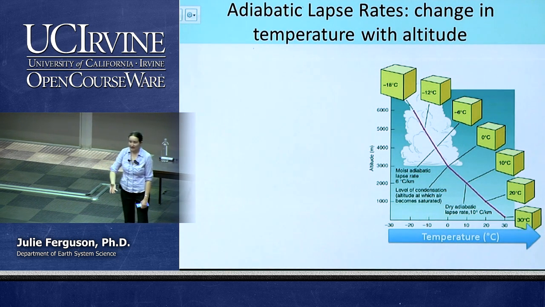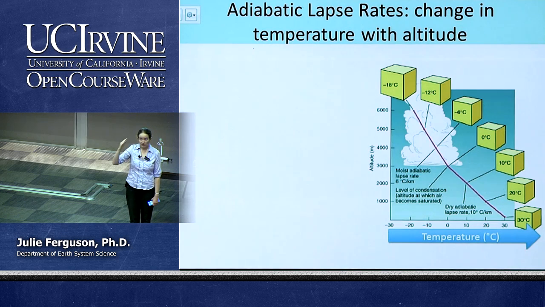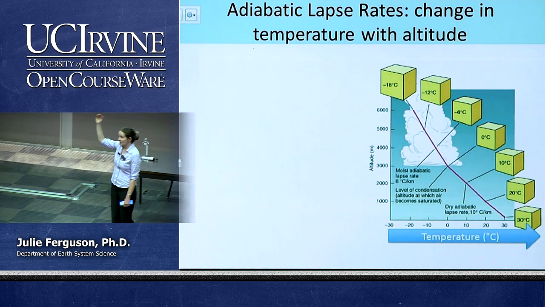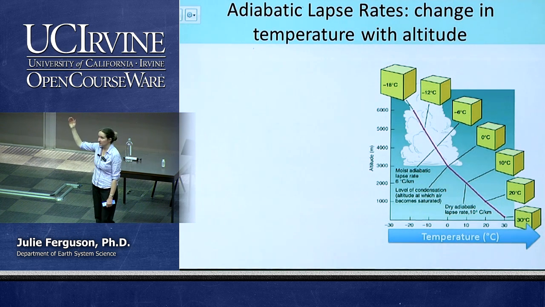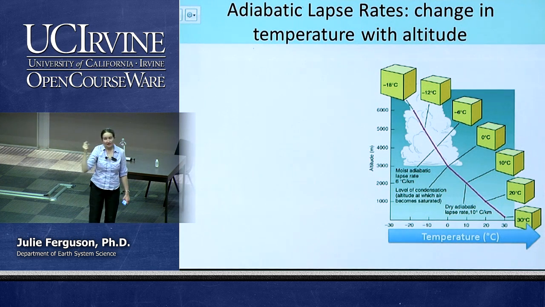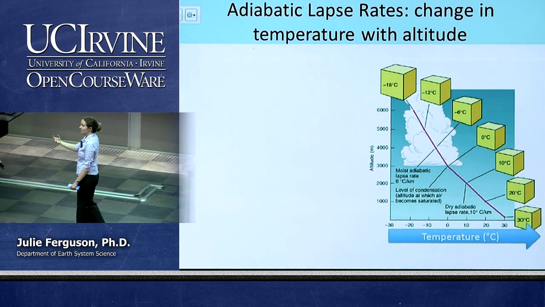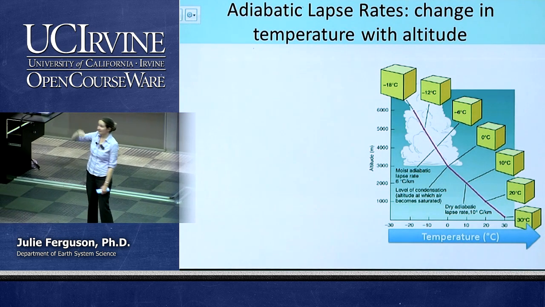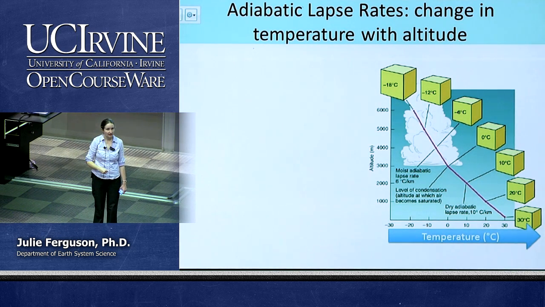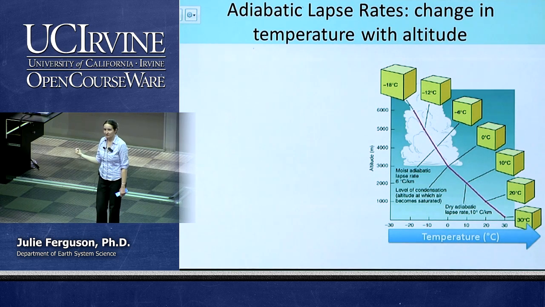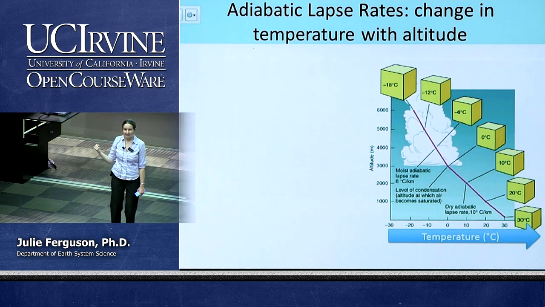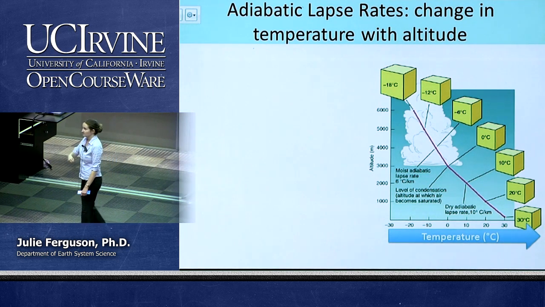First of all, we have that air continuing to rise, and so it wants to continue cooling down at 10 degrees Celsius each kilometer. But we have this second process now, this release of energy by that condensation, and that's adding energy back in. Okay? And so what we see is that the addition of energy back only adds in about 5 degrees Celsius.